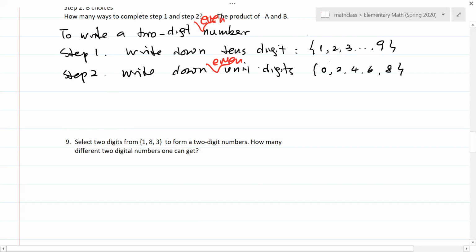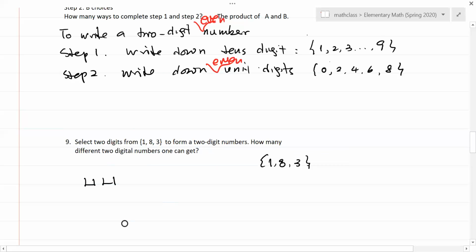Okay, good. So here you have 1, 8, 3. How many different 2-digit numbers? So you write down a 2-digit number.